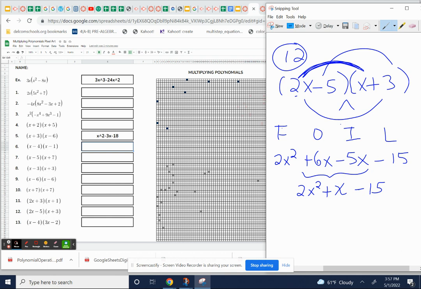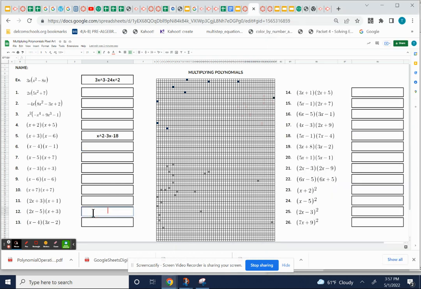If you type that in, I'll check to make sure it works. 2x squared, plus just regular x with no 1 in front of it, and then minus 15. So that did work.